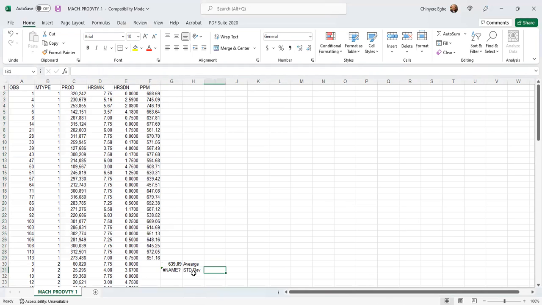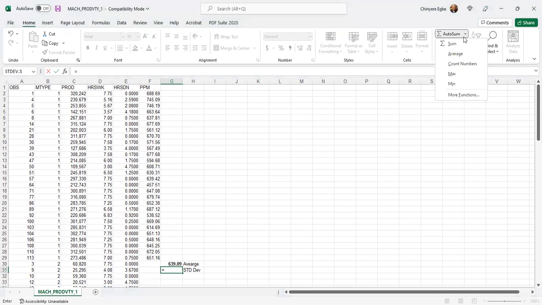Well, I think you have to double click the formula. Equals, let me just take it from here.